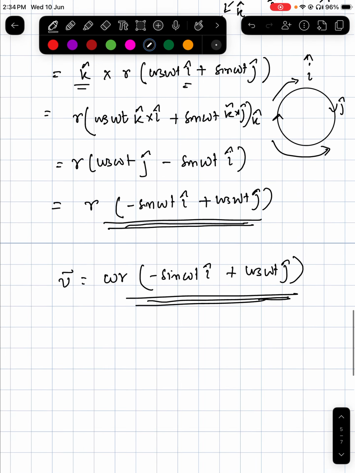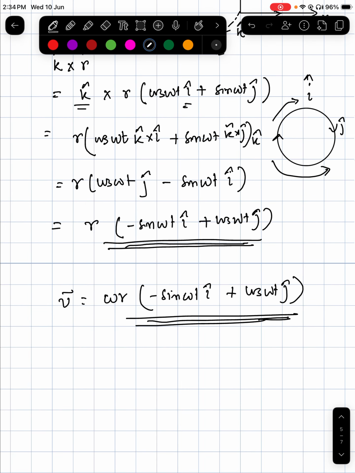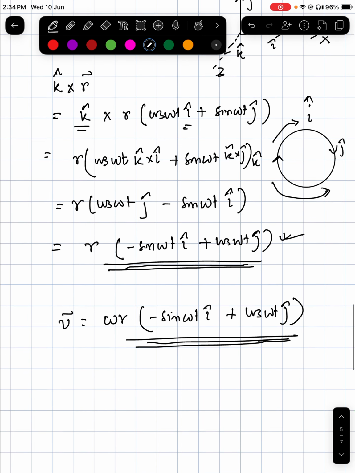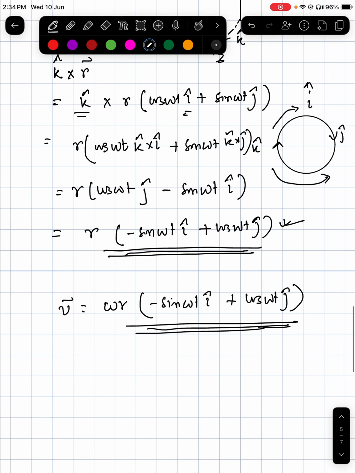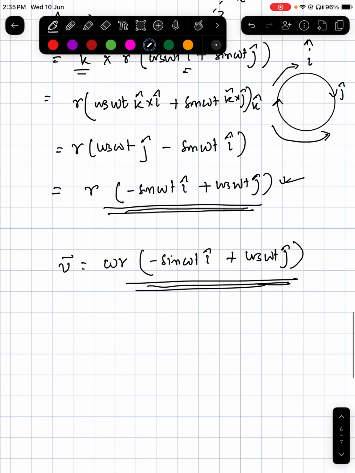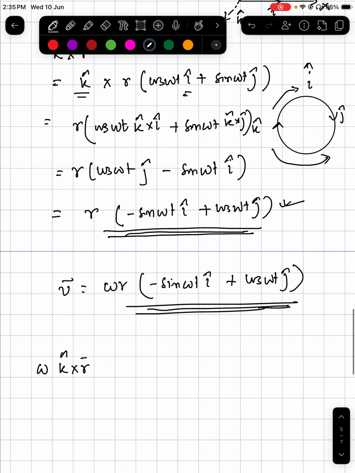So now I'm going to multiply the above equation on both sides by omega. So it becomes omega k cross r equals omega r, minus sine omega t i cap plus cos omega t j cap.